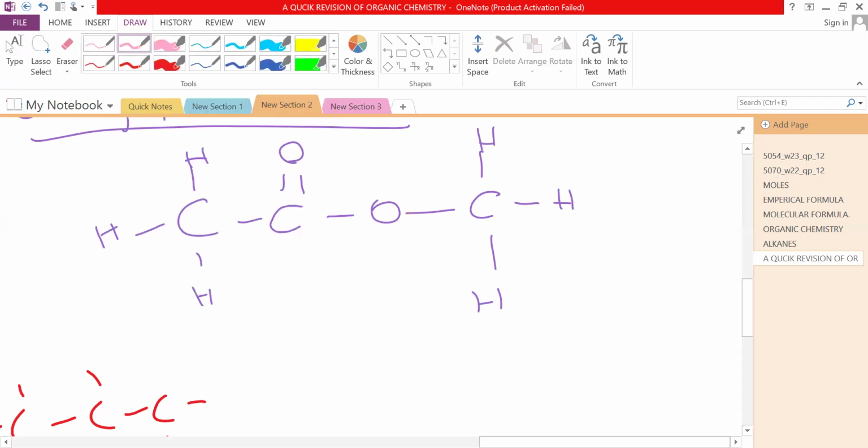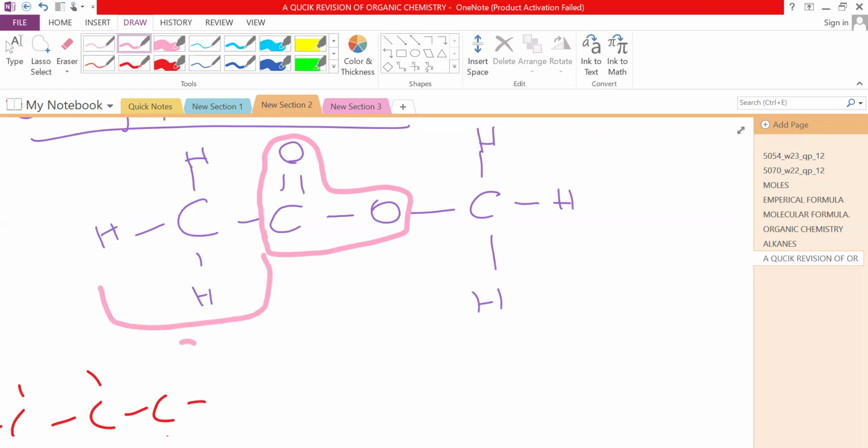Now see, the structure I have drawn is of an ester, and the trick I told you previously is to identify the alcohol and the acidic part. This is the carbon that has the oxygen double bond and single bond. The part before this carbon is acid, and after this carbon, the part is alcohol.